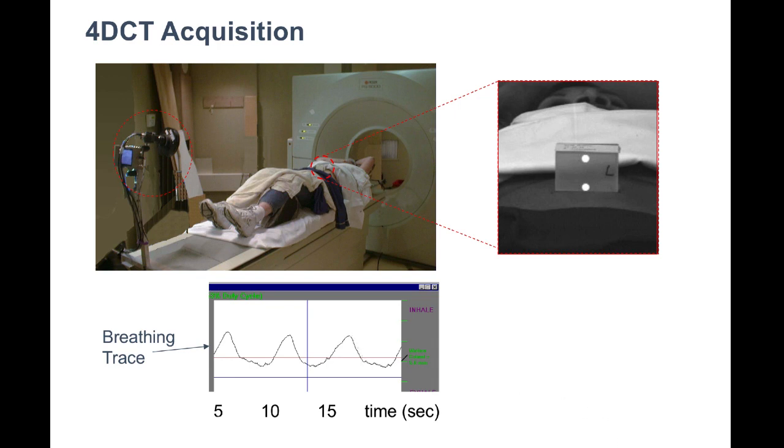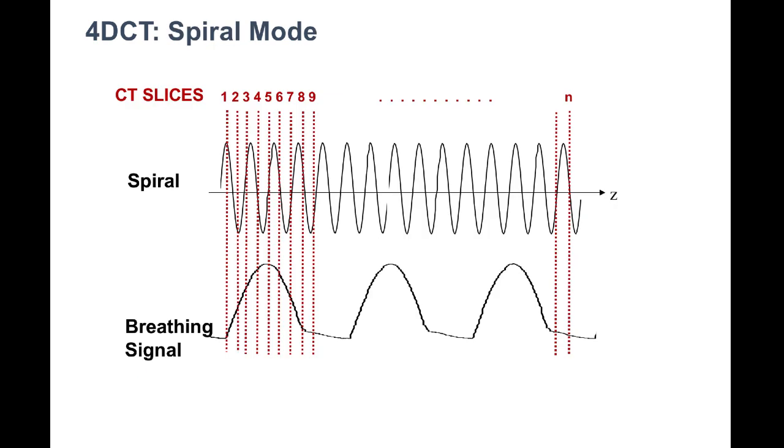Then these are reconstructed into a 4D CT image. This can be done in spiral mode. That's the mode that we first reported on. This works by the CT scanner acquiring its spiral CT as the breathing happens. And then you can reconstruct CT slices at any point along the spiral, and that is correlated with the breathing trace.